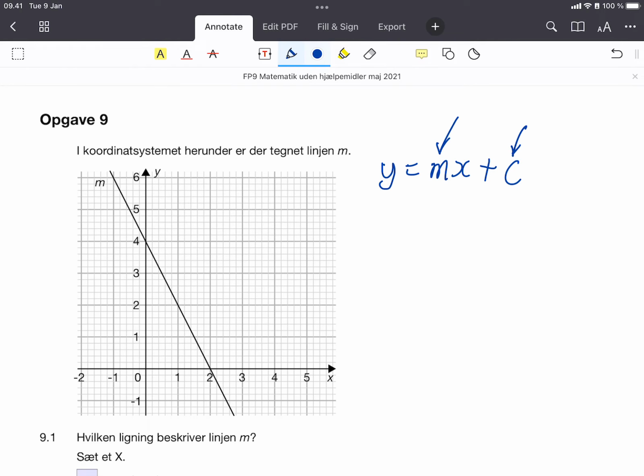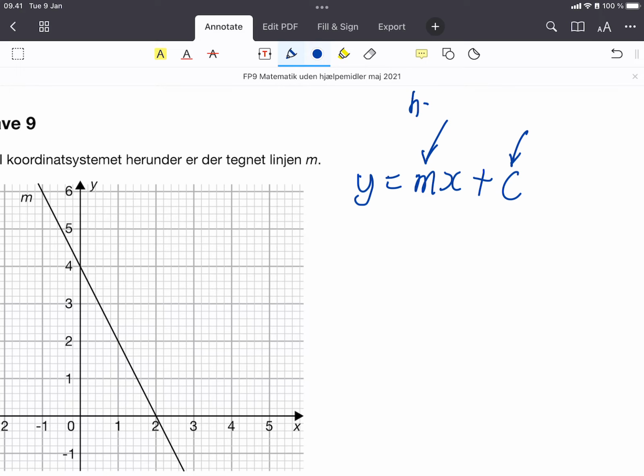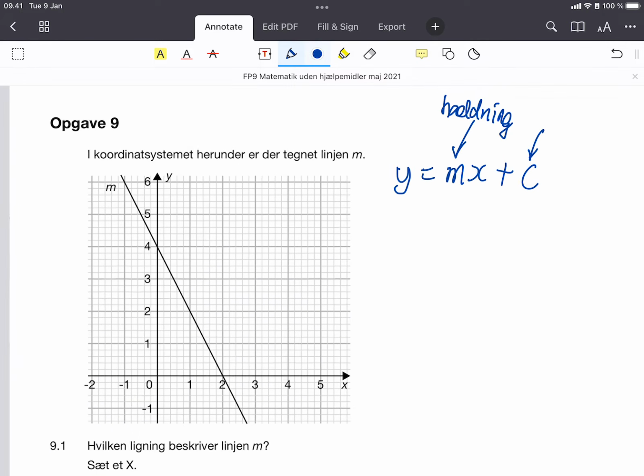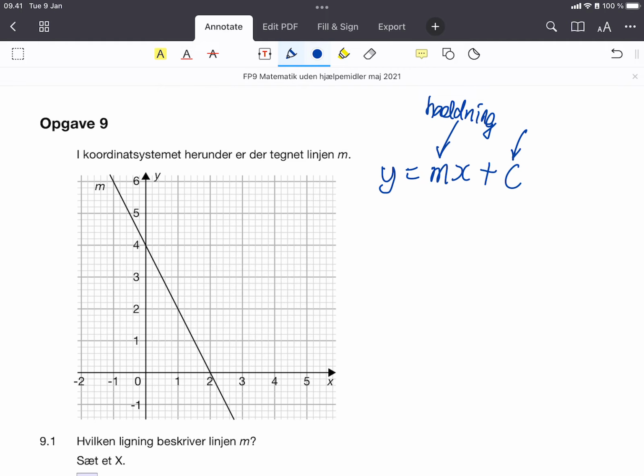And then the number in front of x is what's called helning in Danish, the gradient, and it's how steep the graph is. And the plus something on the end is the intercept, or skæringspunkt in Danish. It's where it cuts the y-axis.